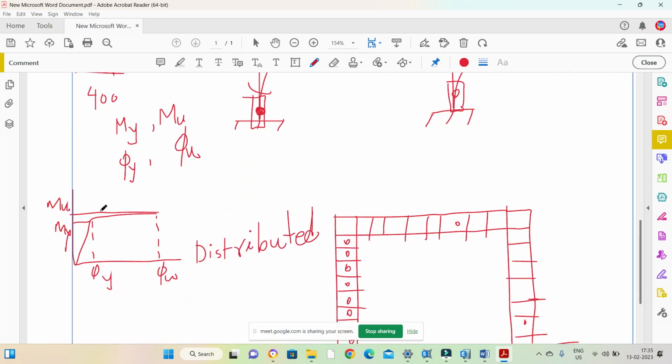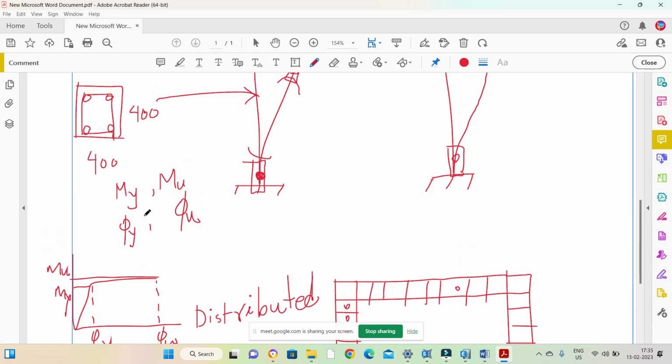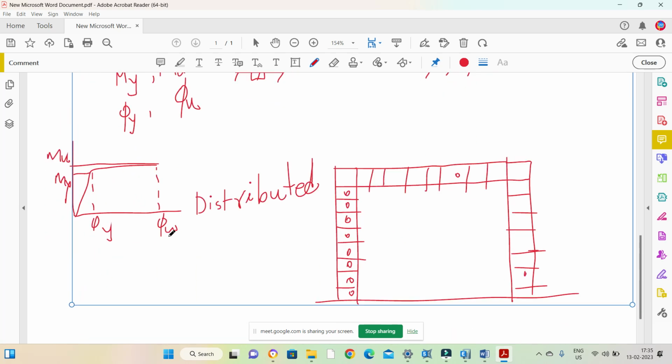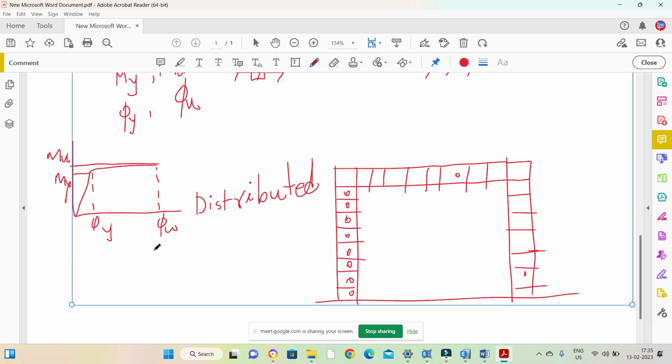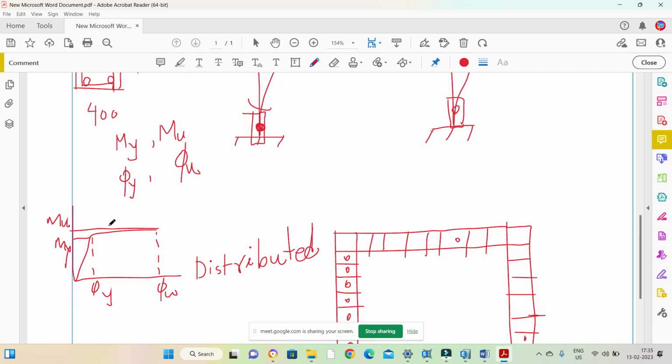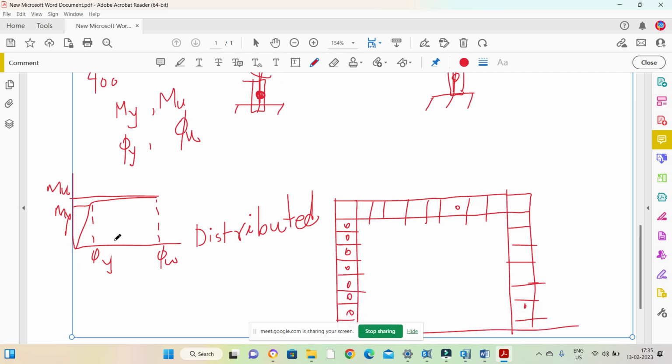So what you can understand here is that for a particular section you have a particular capacity curve. This is called the capacity curve. This is similar to the pushover curve, but it is a load deformation curve for a particular section, not for the whole structure. This is at the member level, and for a particular section this curve will be constant.